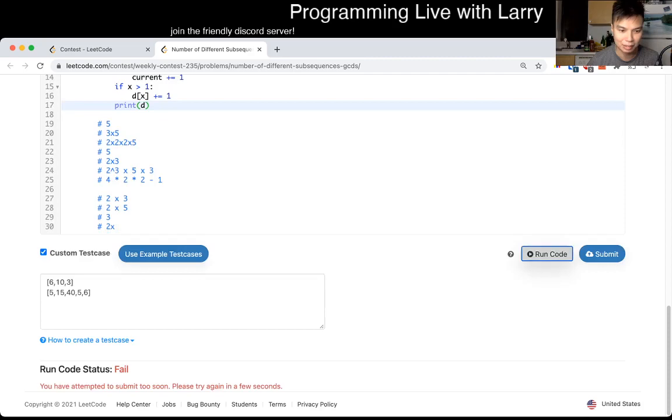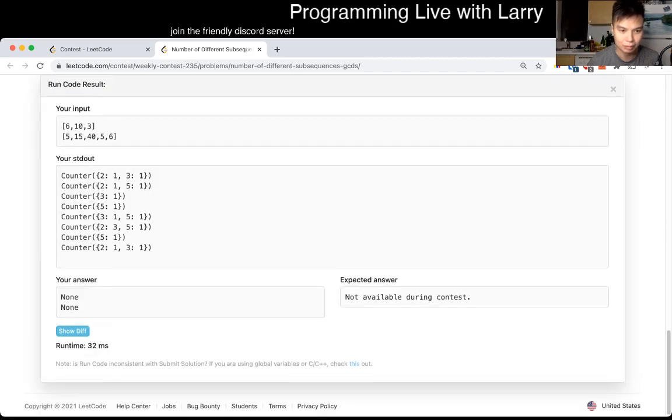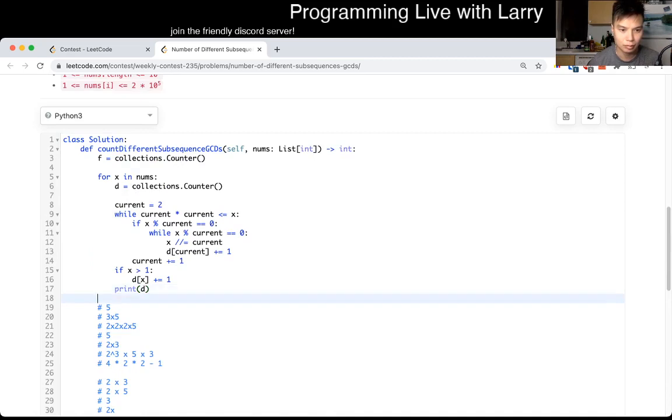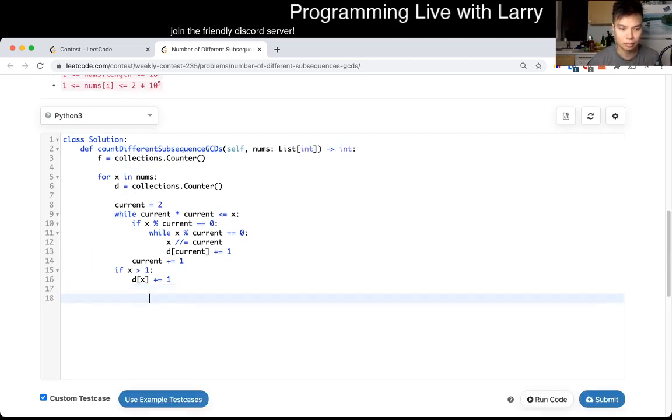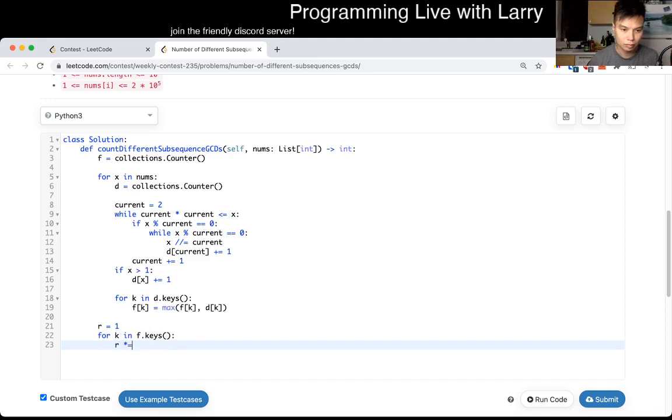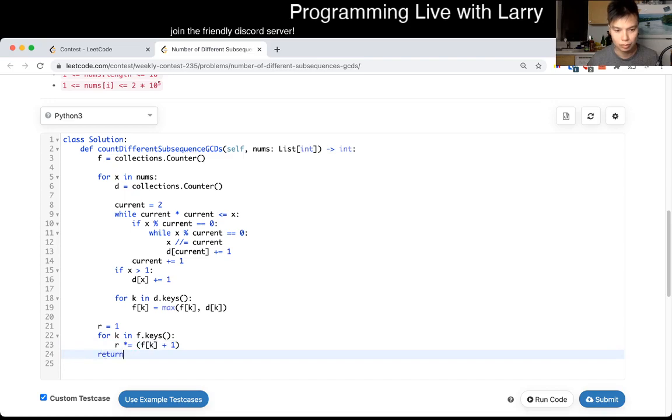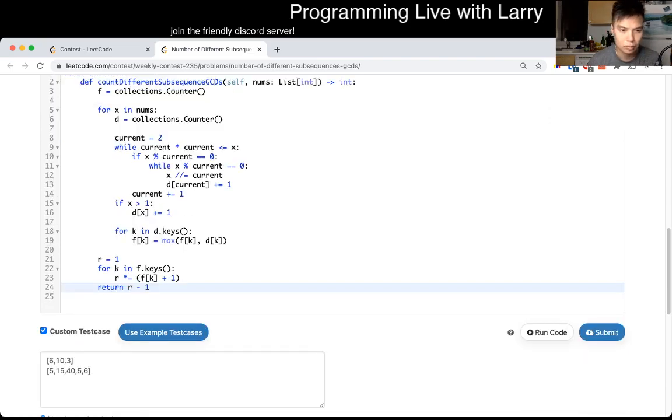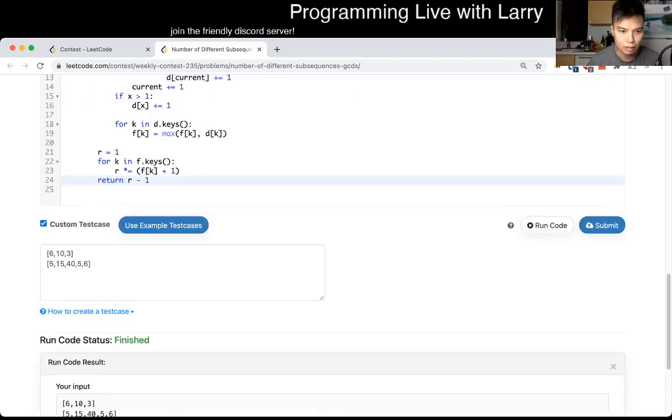Really? That was my second attempt. Come on. Let me just print something. Okay. That's not right then.